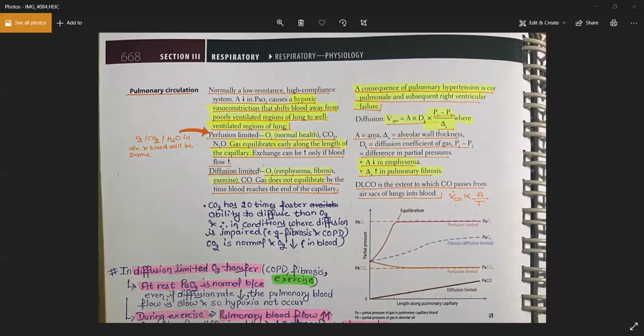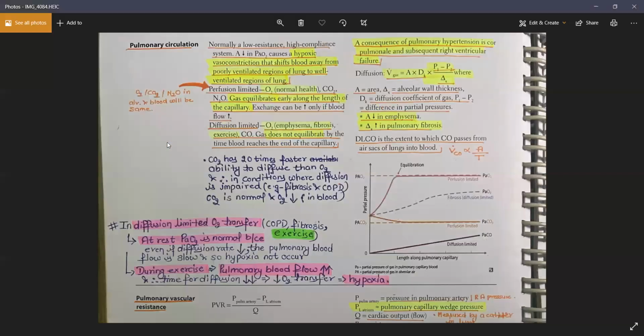So less gas will diffuse to the blood and you will get less oxygen in the blood. So this is the mechanism of hypoxia in patients having emphysema or fibrosis whenever they exercise. They will have low oxygen in the blood that will cause hypoxia in these patients. So the fatigue will be there, and all the things which you will see in hypoxia will be there.